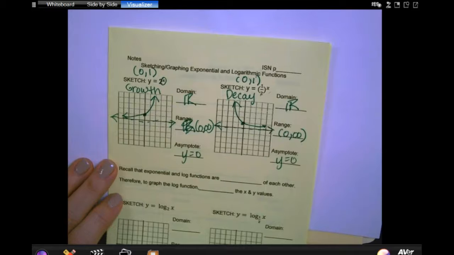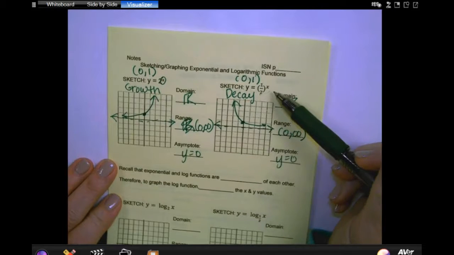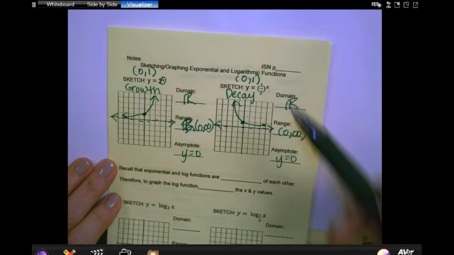Now, listen to my words. If I transform this, and if I put x minus 5, that's my transformation. Which way does that move my sketch? X minus 5 moves it to the right 5.